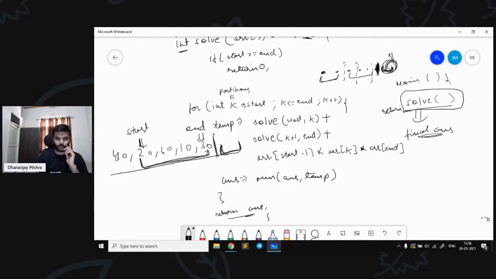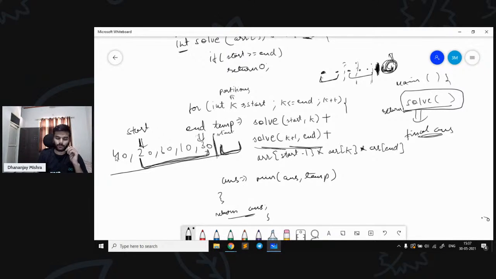Because if I call this for the right part, it will give me 0, because start will be greater than end in this case. My start will be pointing here and my end is here because we kept end the same, right? So it will reach the base condition in the next call and it will return me 0. So for the right part, it is clear. There is no issue with the right part.